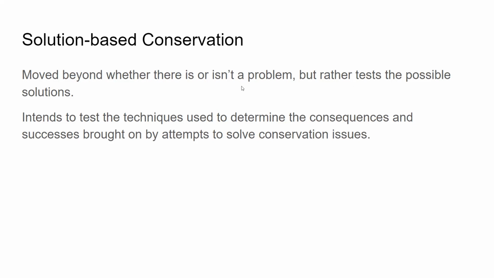It's not to say that there is not still discussion on how problematic these other things are on these individual populations or species, but it's more now that they need to find out how to solve that problem.